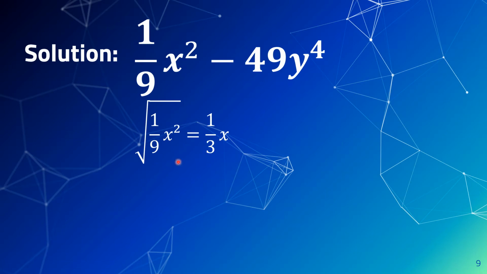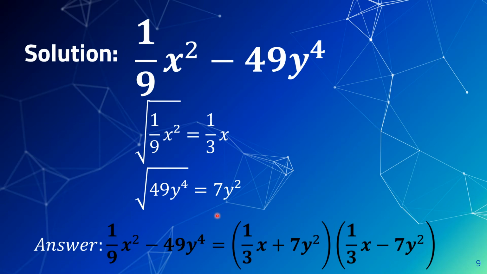Then the square root of 49y raised to 4 is 7y squared. Therefore, the factored form is the sum and difference of the two roots: 1/3 x plus 7y squared times 1/3 x minus 7y squared.